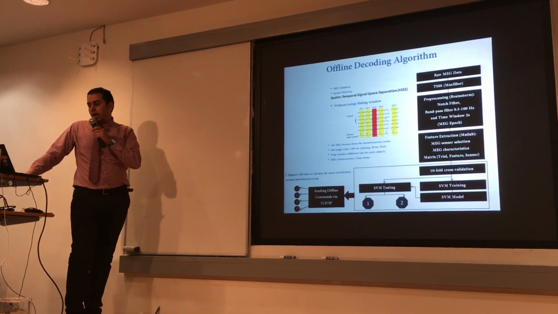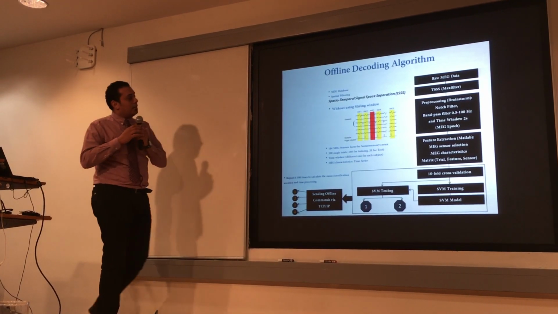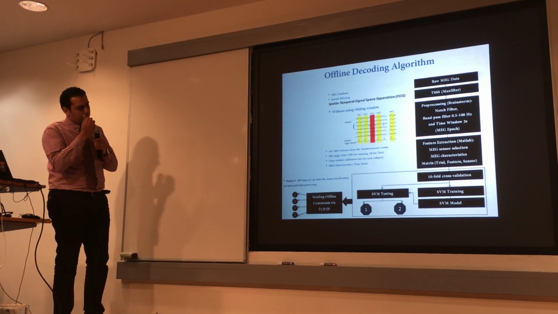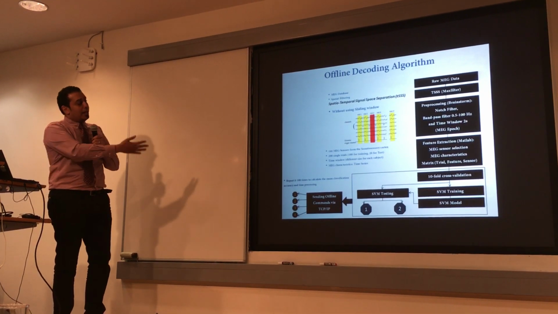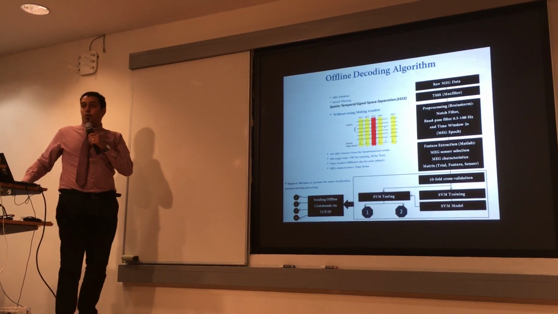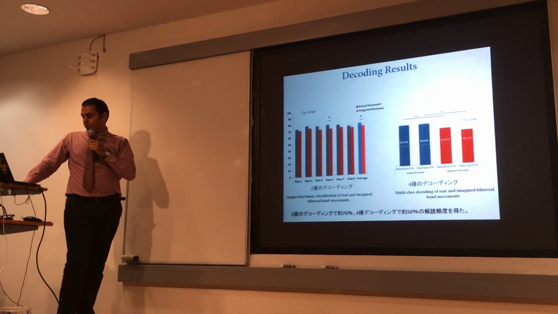We use a simple algorithm, except here we use the TSSS method to distinguish between them. And we use machine learning, for example SVM, support vector machine. And then we send the command via TCP/IP protocol from Osaka city to Kyoto city.